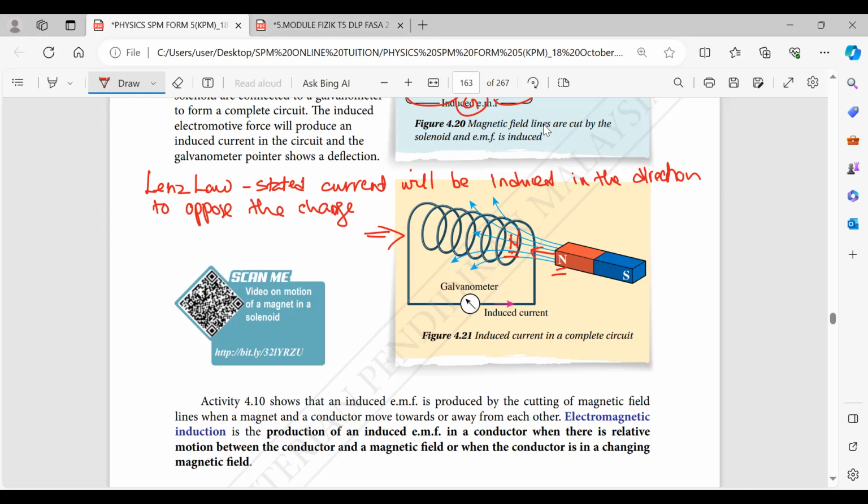So if I put my hand here, I have four fingers, and my thumb will be pointing like this.